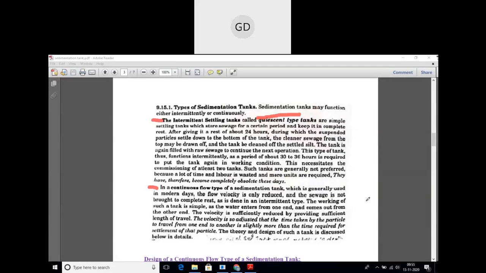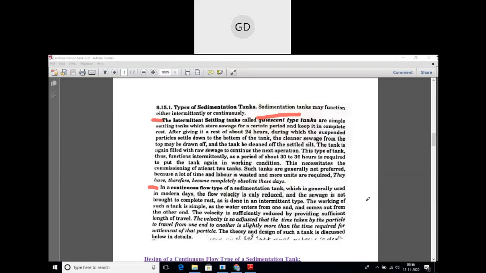The working of such a tank is very simple: the water enters from one end and comes out from the other end. The velocity is sufficiently reduced by providing sufficient length of travel, that means the length is increased.